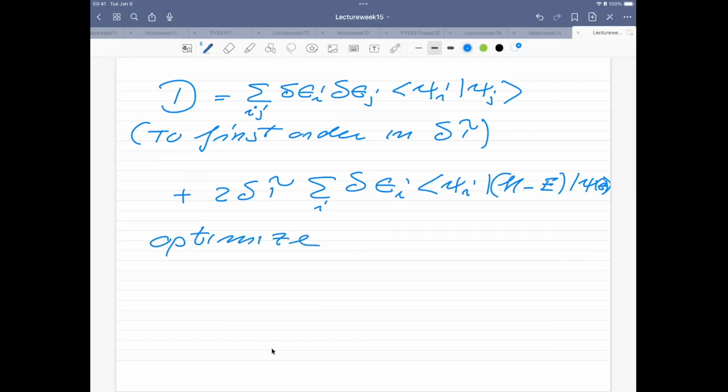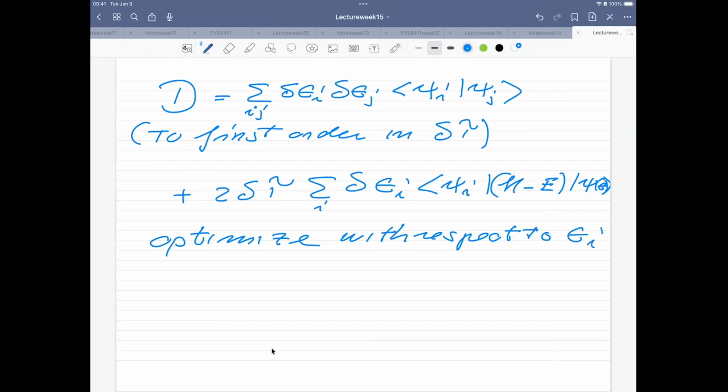You can actually show that this is a convex function. So when we optimize it with respect to the parameters, let me just set this one up, and then we take a break.